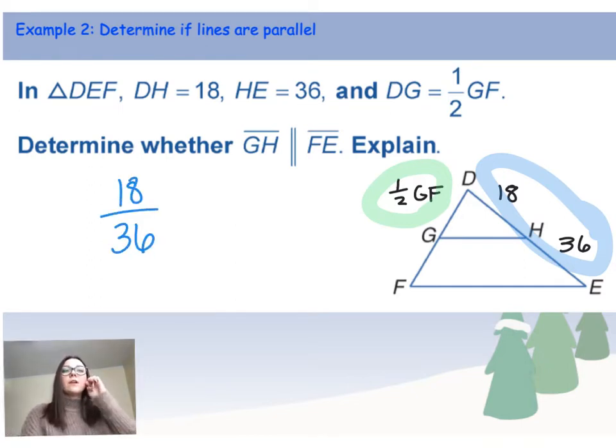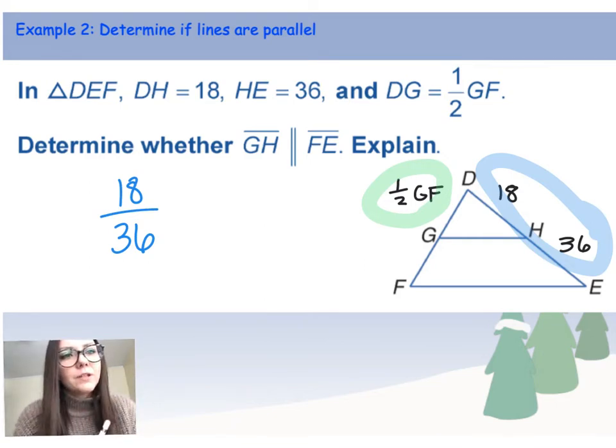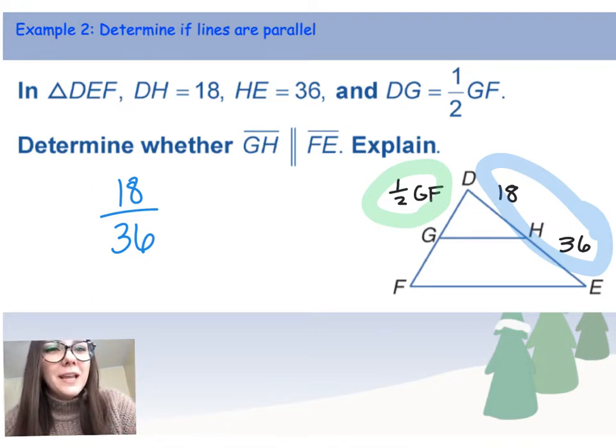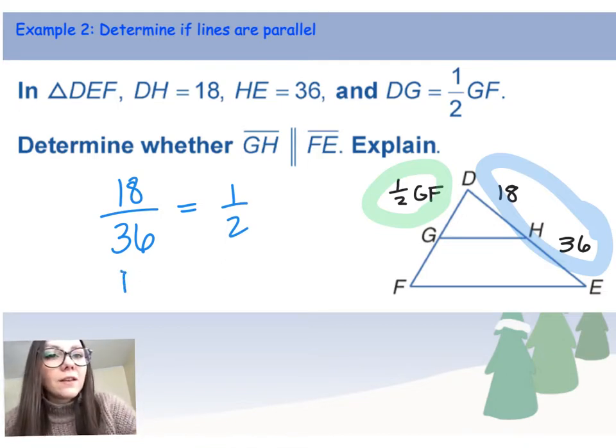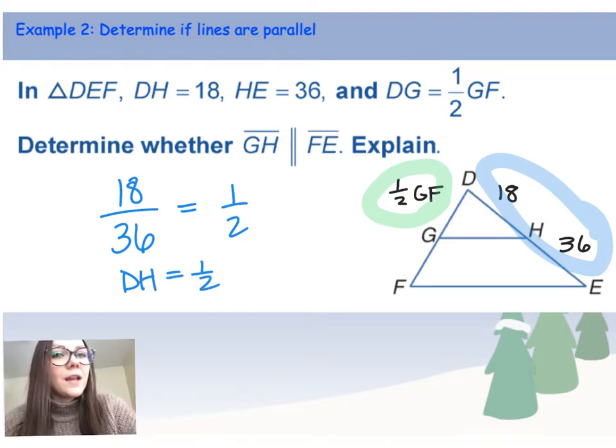Does this reduce? Yeah, it does. If we divide both by 18, we get 1/2. So what have we proved here so far? That the length of DH, 18, is half the length of HE, 36.